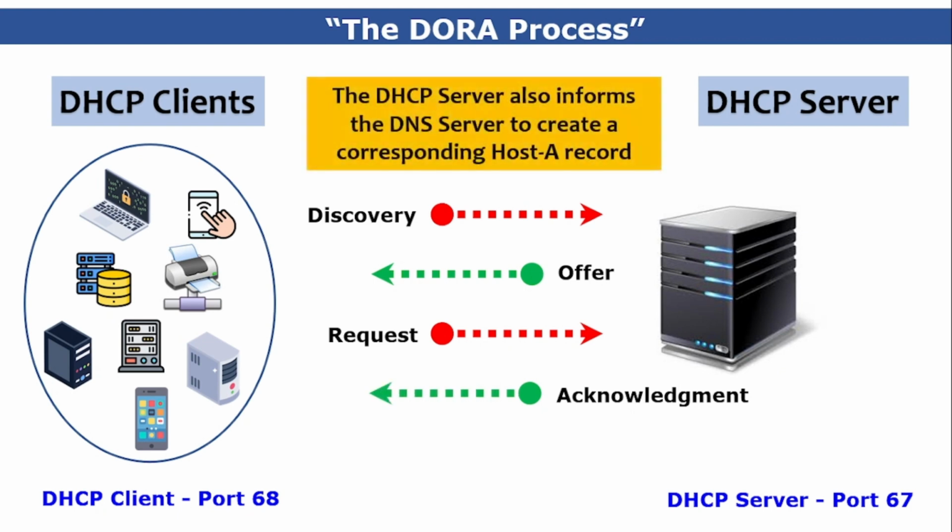And there will be one more important thing which will happen. The DHCP server also informs the DNS server to create a corresponding host A record. This is called dynamically updating the DNS. So DHCP and DNS work hand in hand.